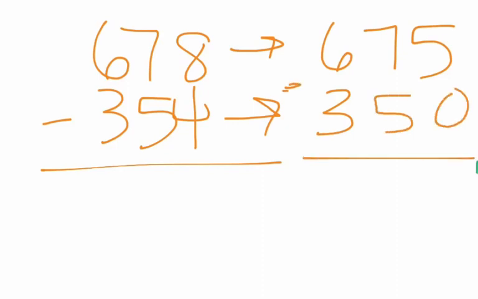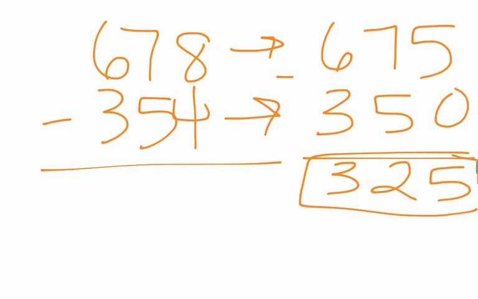So let's subtract these. Oops, what are you doing, Mrs. Lee? All right. And we have 5 minus 0 is 5. 7 minus 5 is 2. And 6 minus 3 is 3. Making our total $325. Okay. Oh, I'm sorry. I didn't even realize that it was dollars.